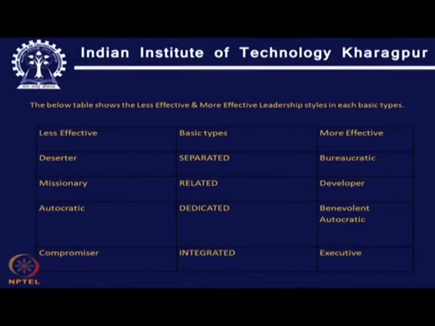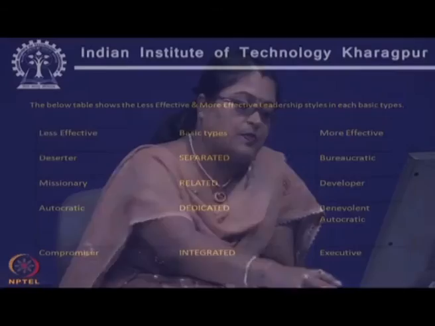For the dedicated basic type, the less effective style is autocratic and the more effective style is benevolent autocratic. And for the integrated type, the less effective style is compromiser and the more effective style is the executive. Now, we will go into the details of each of these types so that we can know them better.